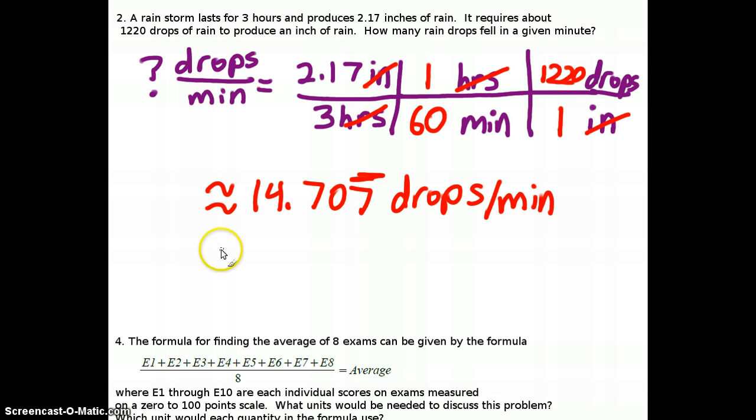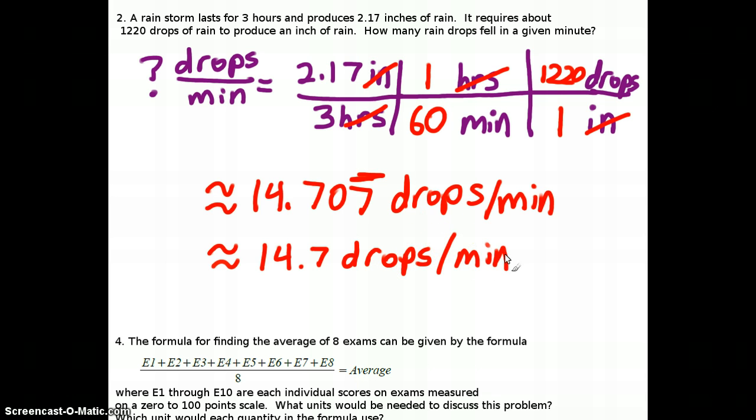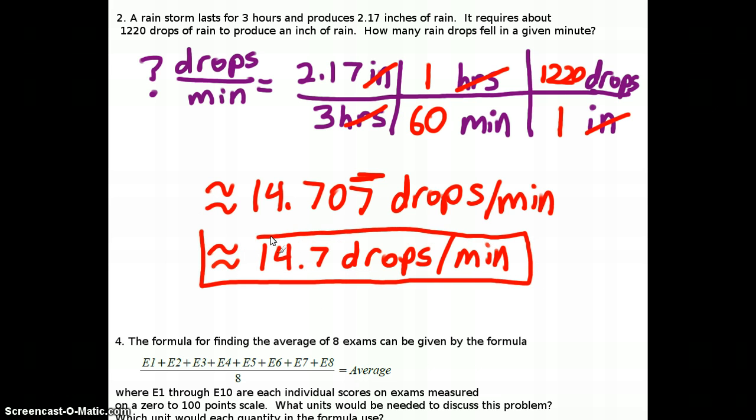When we put that into a more reasonable answer, we'd say that there's roughly 14.7 drops per minute. You could also certainly say that that's almost close to 15 drops per minute. Anything within this general area would be an acceptable answer for problem number 2.